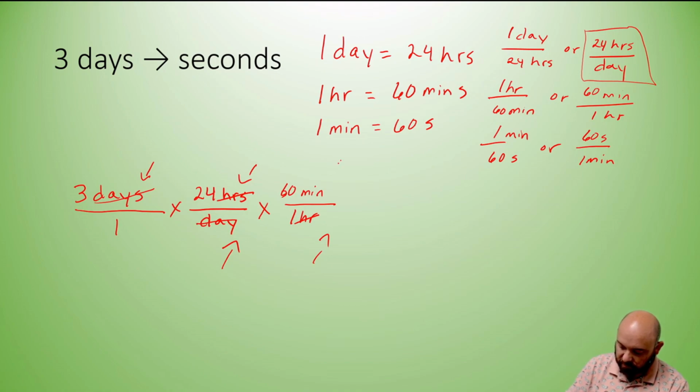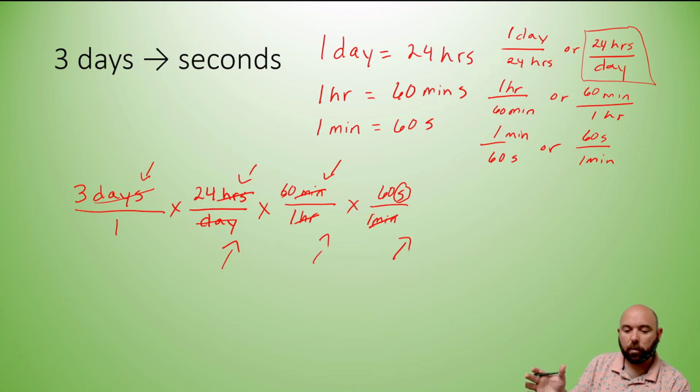Since we have minutes in the numerator here, we are going to want minutes in the denominator here. When we cancel those minutes, now we are finally left with the units that we want our answer to be in. We're finally left with the second unit, and everything else is canceled out.